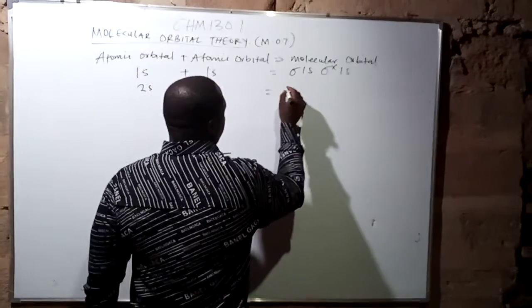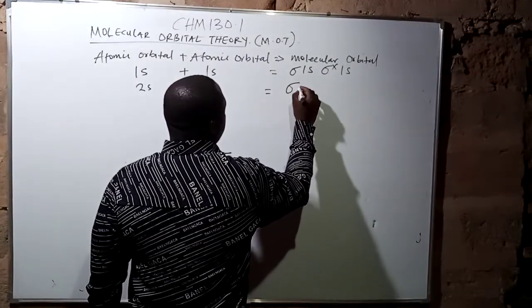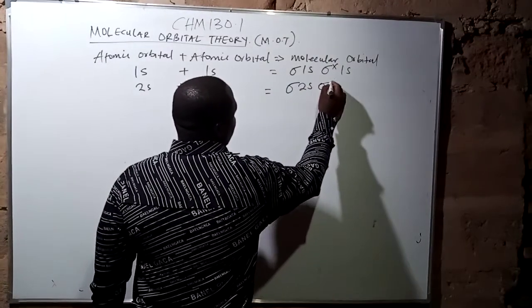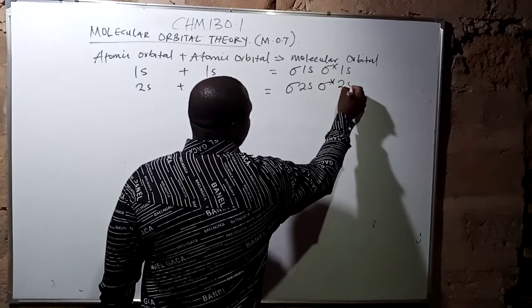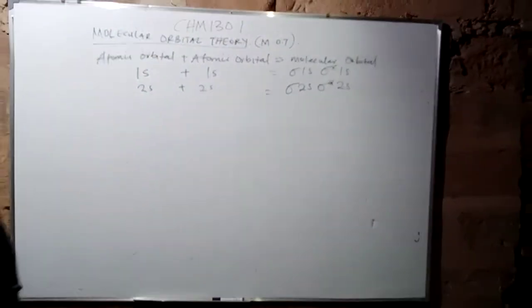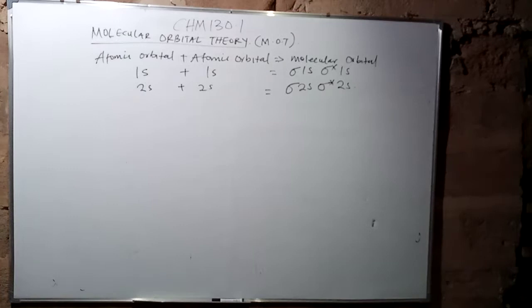So the molecular orbital for this is bonding 2s and antibonding 2s. That is it for this one. Calm down. By the end of this video, you will be a professional in this. Just keep on noting the points I'm making, and before you know it, it will be like child's play for you.